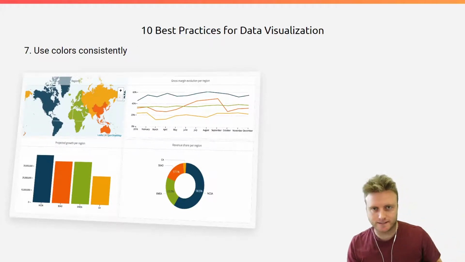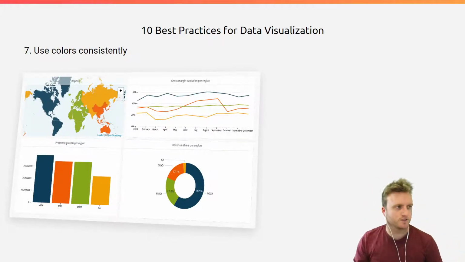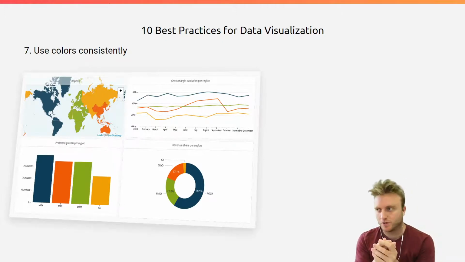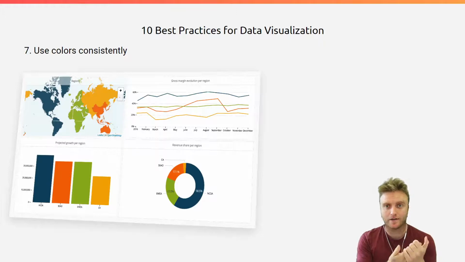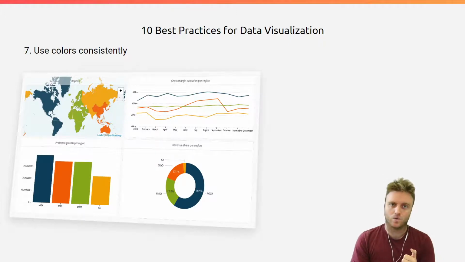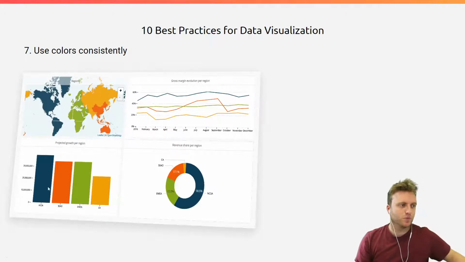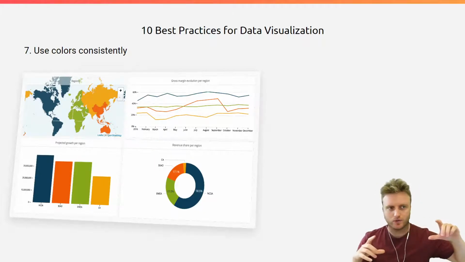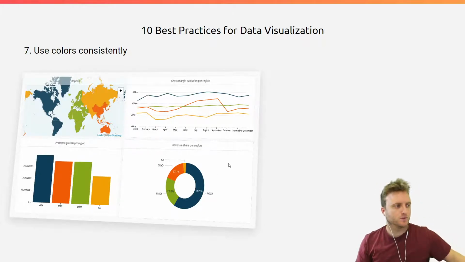Seventh on the list is use colors consistently. Within Kumellayo, you are able to set up consistent coloring within the hierarchy editor. What does that do? As you can see right here, we have one dashboard and each region has its own color. So if you look at the whole dashboard, if we're talking about blue, that's always the same category or region in this case.